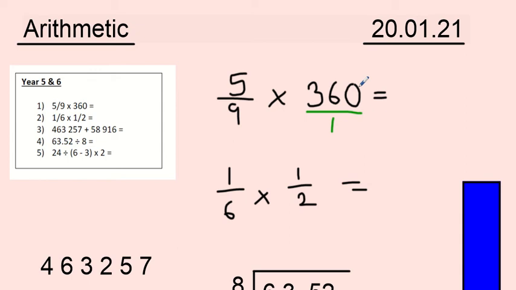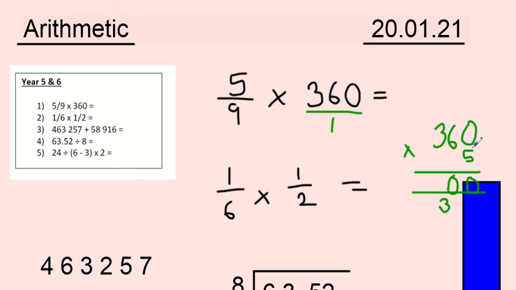Now, if you're not sure how to do that, you can do a little jotting. There's nothing wrong with doing a little jotting to work it out. Some of you might be able to do that mentally or use some of your known multiplication facts. If you can't, it's absolutely fine to do jottings. 0 multiplied by 5 is 0. 6 times 5 is 30, well done.